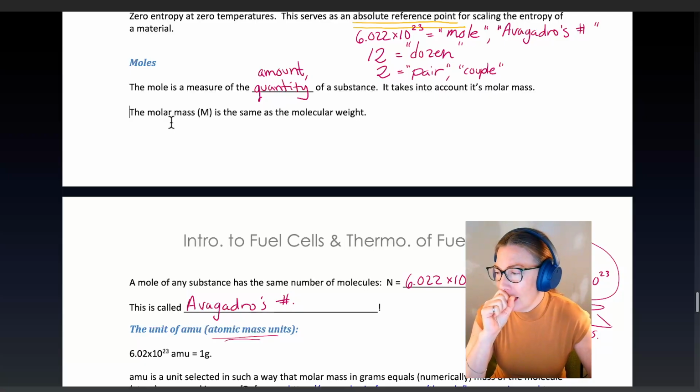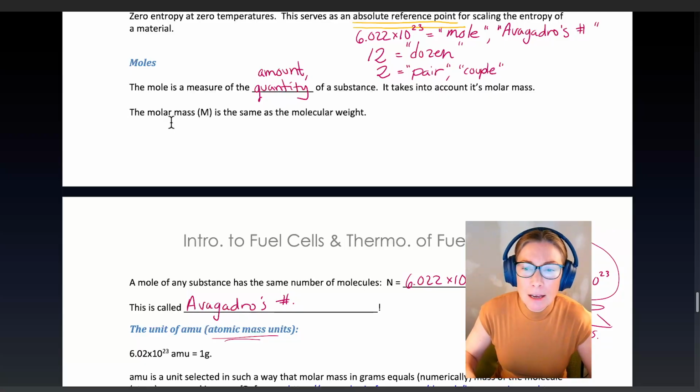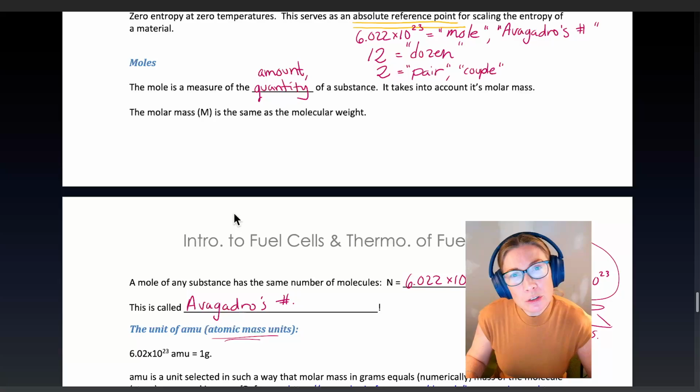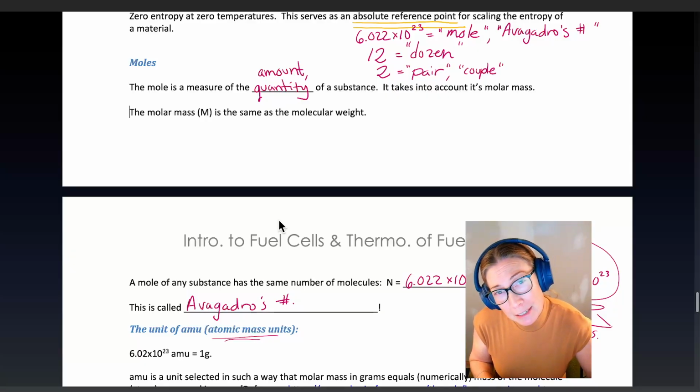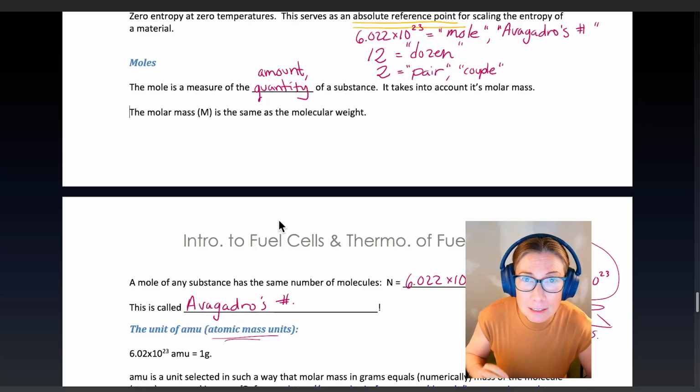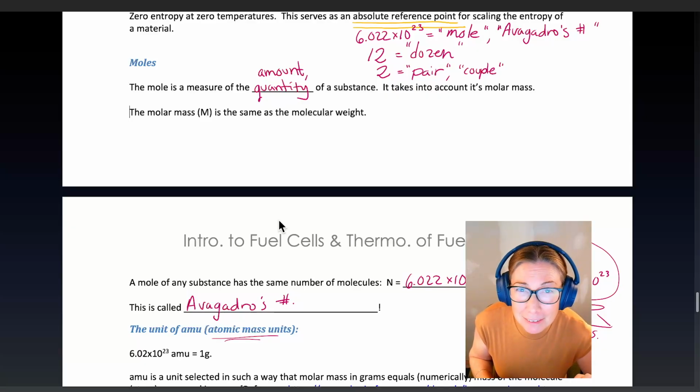So let's say I have 6.022 times 10 to the 23 cars. What's the mass going to be? Lots and lots of kilograms. I have 6.022 times 10 to the 23 particles of dust. What's the molar mass? Probably less than a gram, right?